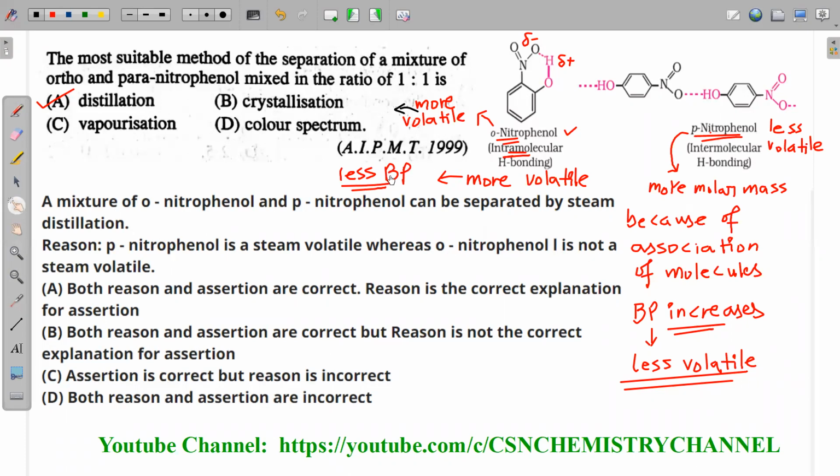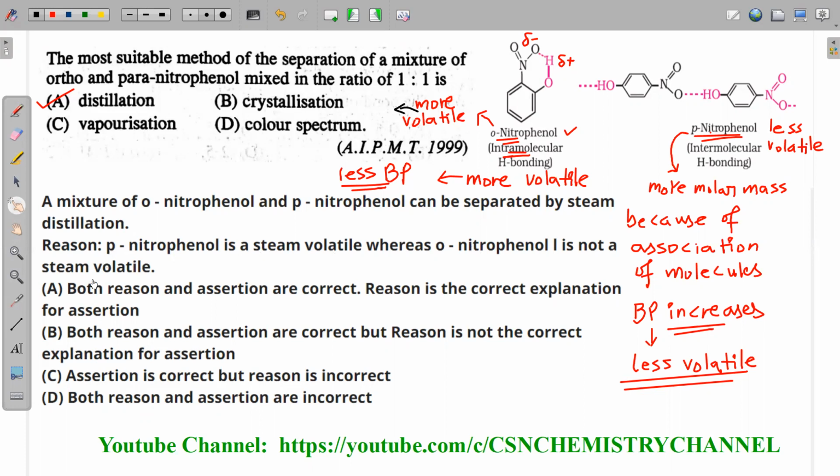Orthonitrophenol has a lower boiling point, so no steam is required, just heating. Steam means very high temperature, more than 100 degrees Celsius. No such heat is required. So orthonitrophenol is not steam volatile, and para-nitrophenol is steam volatile. So the reason is also correct.